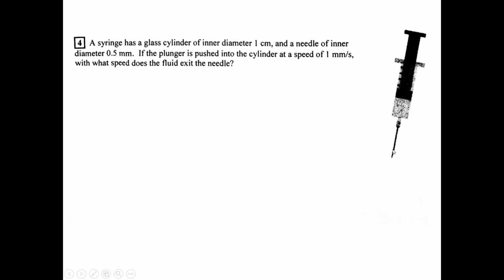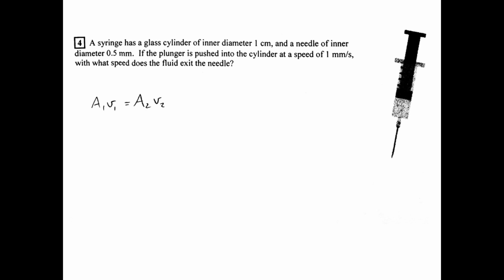If the plunger is pushed into the cylinder at a speed of 1 millimeter per second, so we push this down at 1 millimeter per second, with what speed does the fluid exit the needle? Okay, so try that yourself, see if you can use the continuity equation, A1V1 equals A2V2, to figure it out, and then come back for the solution.